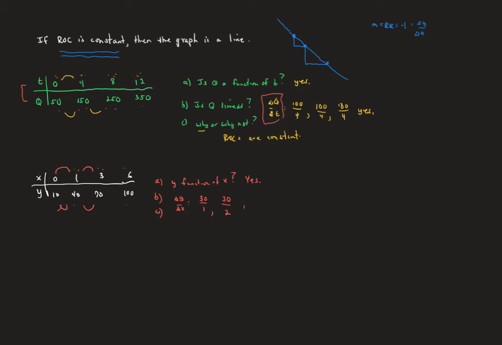So immediately we know that no, this is not going to be linear, and the reason for that is the rates of change are not constant. So that means it is not linear.